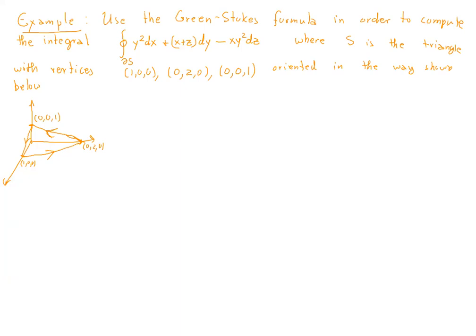So now, if we orient the triangle this way, the question is, what is the correct orientation on the surface of the triangle? And you just need to picture yourself sitting on the boundary and try to figure out what way should you be sitting so that the domain is on your left hand when you're facing the boundary in the orientation that is indicated here.